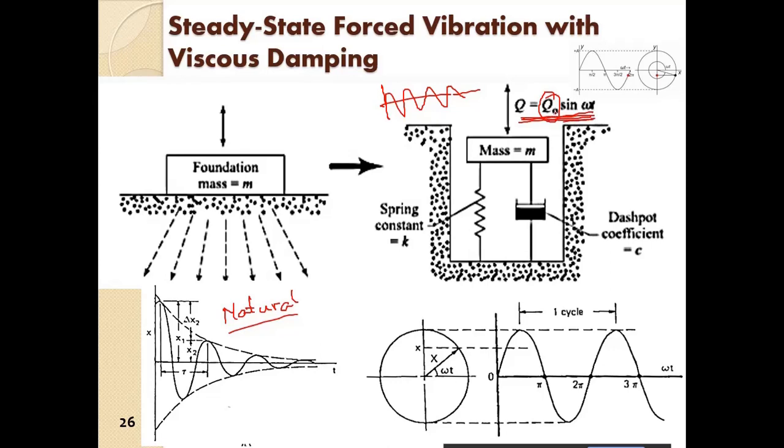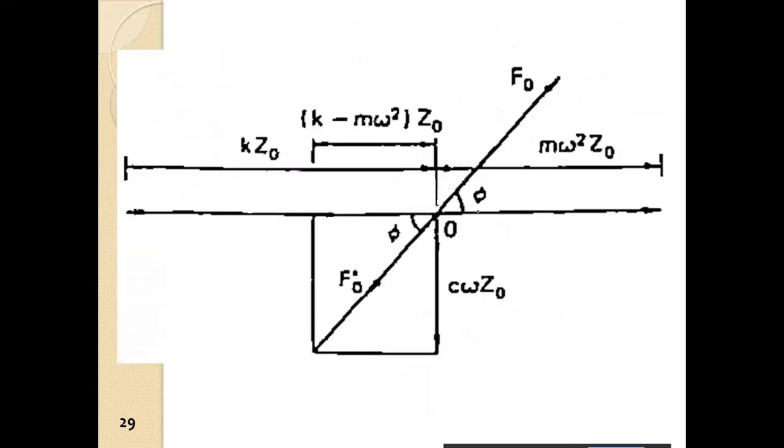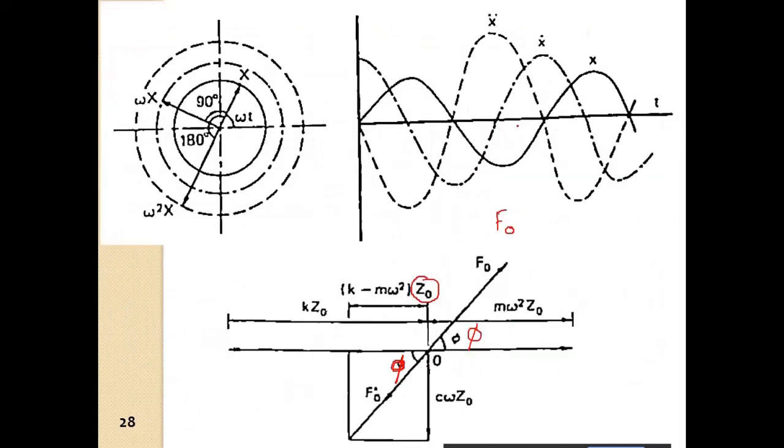That will determine the maximum displacement or amplitude of this system. And obviously the phi value will also determine it. If there is resonance, we will see that with the slides.